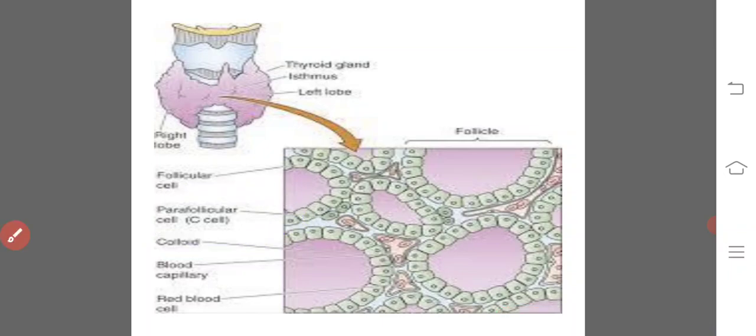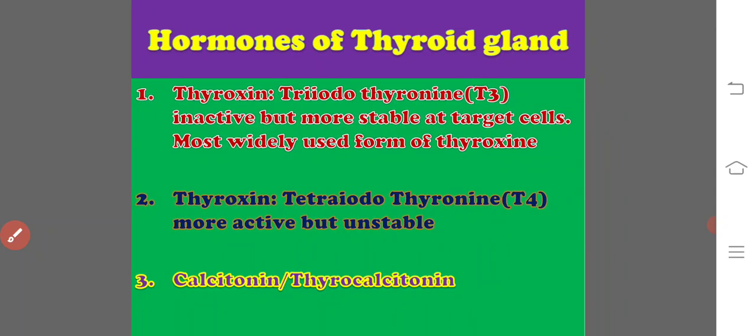Now here are the hormones of the thyroid gland. There are three hormones. One is T3, otherwise triiodothyronine. The general name is thyroxine, but it exists in two forms.